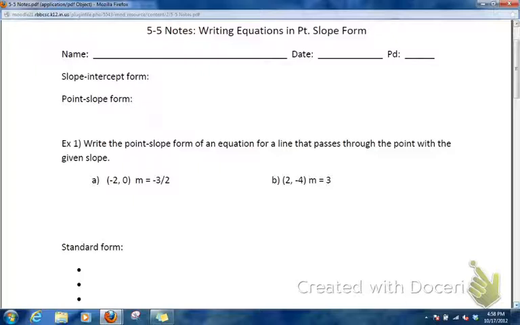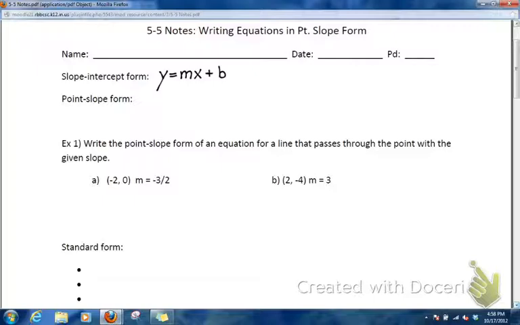So, first of all, let's do a little bit of review. Reviewing what slope-intercept form is, and we remember slope-intercept form is y equals mx plus b. Now, mathematicians are pretty simple here in the names that they use.